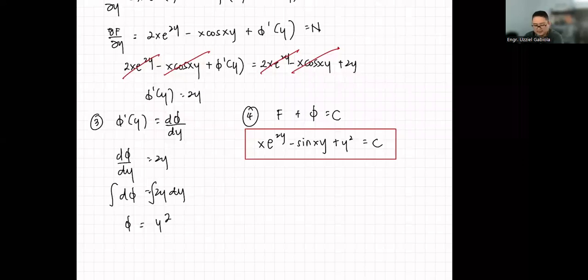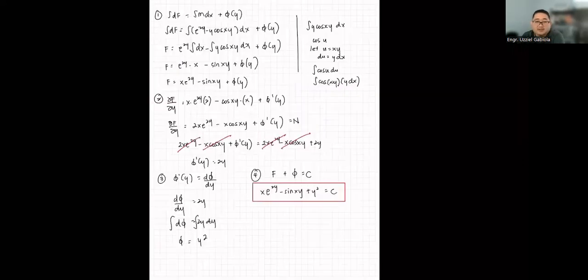Okay? Ayan. So medyo challenging lang siya kapag hirap ka mag-differential calculus, ano? Kaya practice po. Okay?